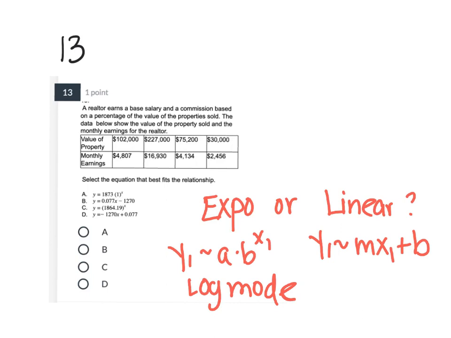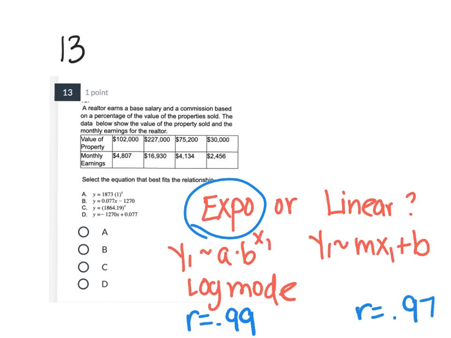All right, and that one's 0.97, so they're actually both really good fits, but the one that is a better fit is going to be exponential because it has a correlation coefficient of 0.99, and this one had a correlation coefficient of 0.97.